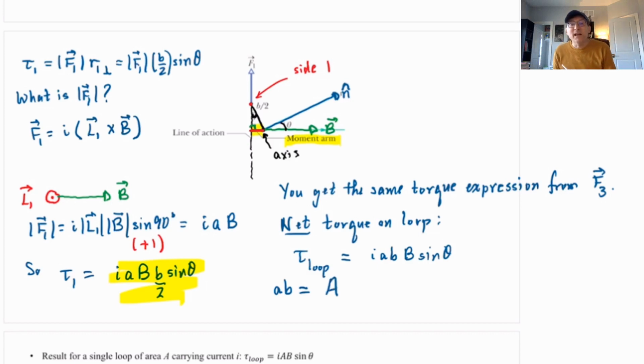That's the area inside the loop. Let's just call that capital A. So then the expression for the net torque on the loop is current I, area inside loop, magnetic field from the magnet B, sine theta.